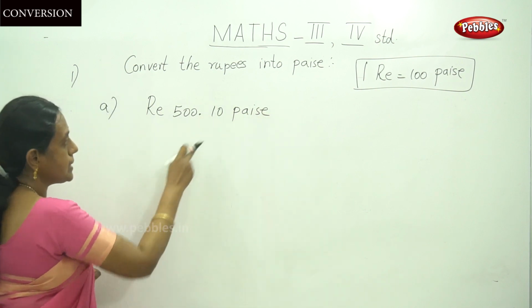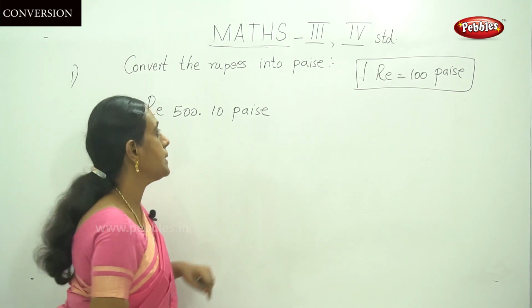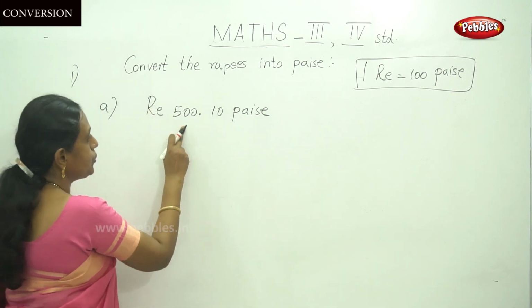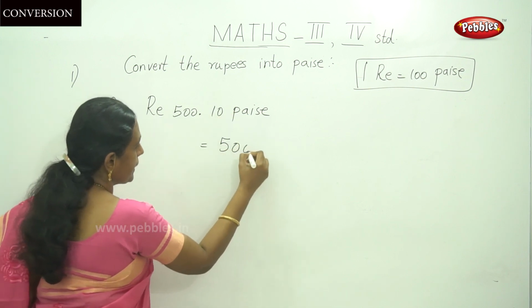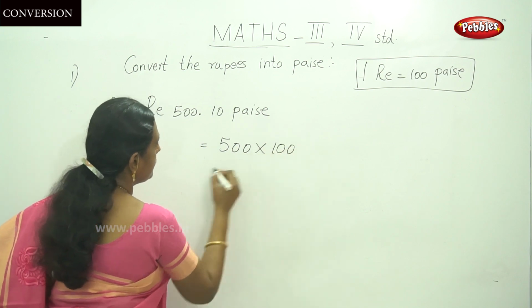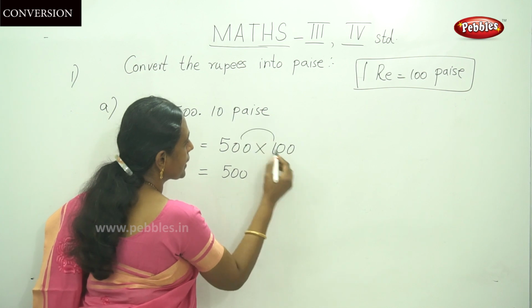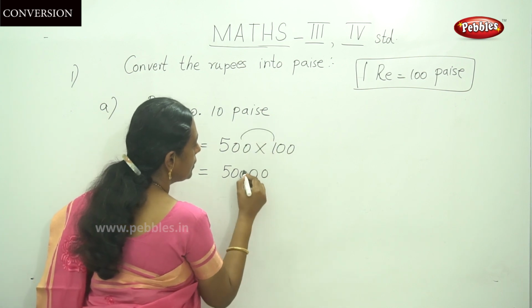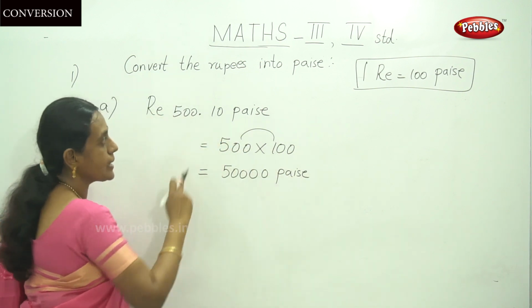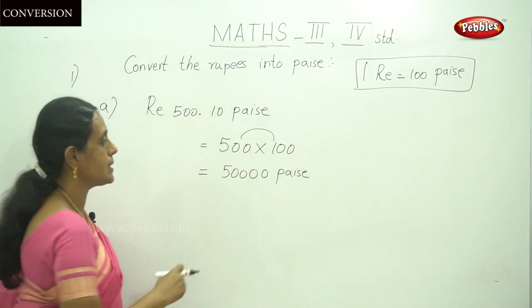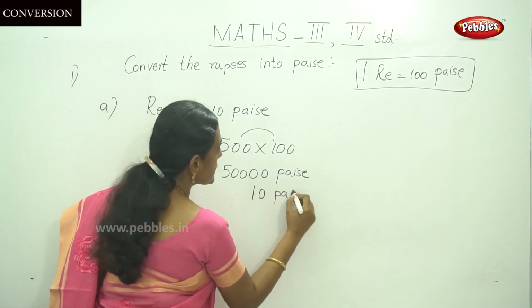Here it has a paise unit also. How to change the rupees and paise? Here 1 rupee is equal to 100 paise, therefore you have to multiply the 500 into 100. The answer is 500 and add two 0s. This is a paise unit, and already it has 10 paise itself, so you have to add this 10 paise also.